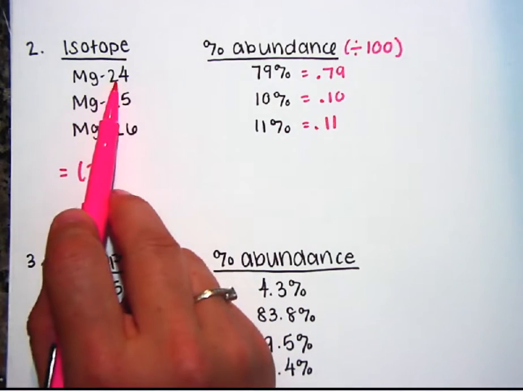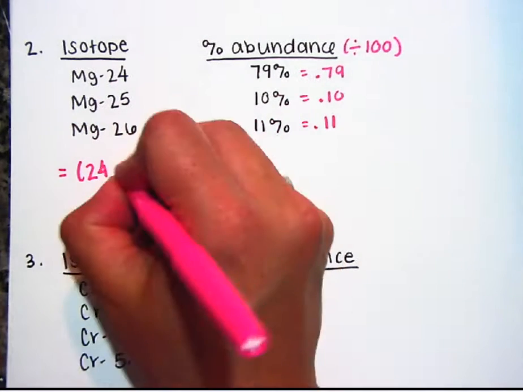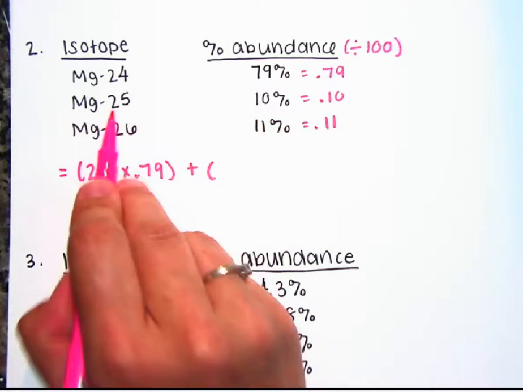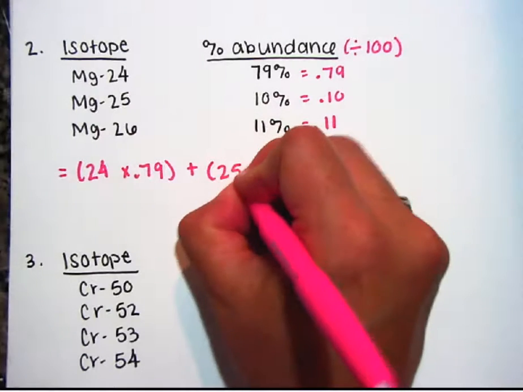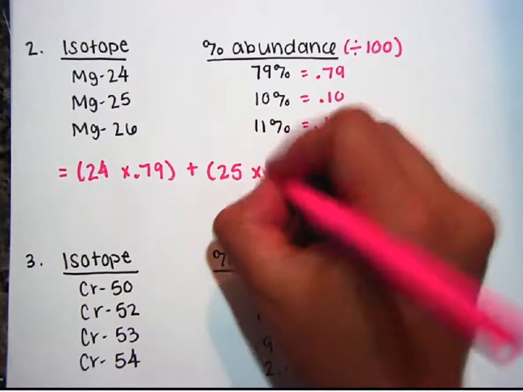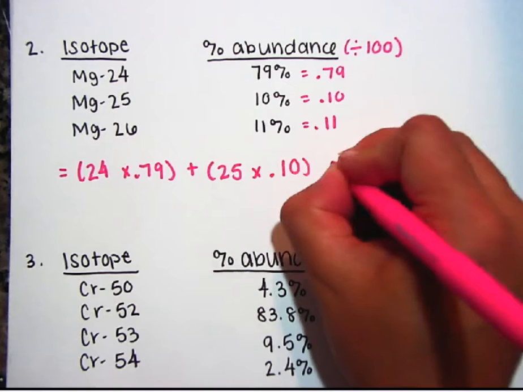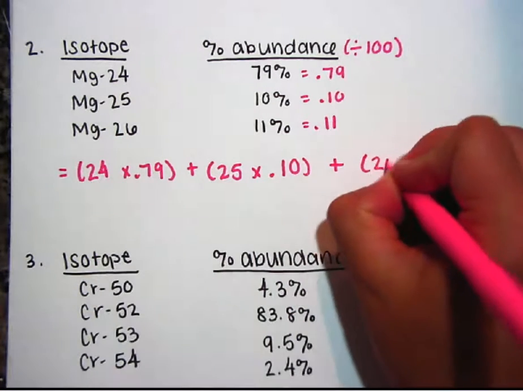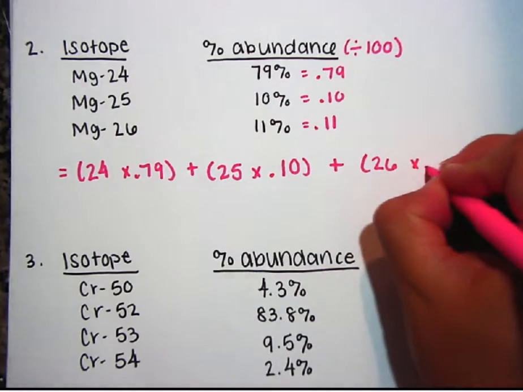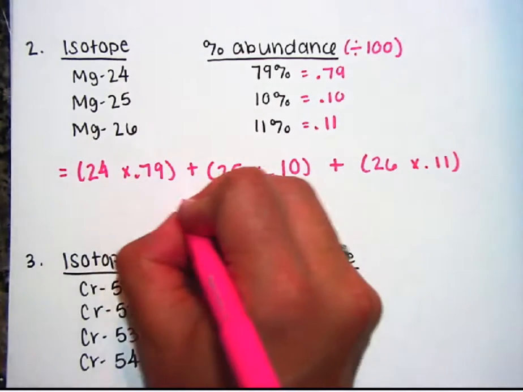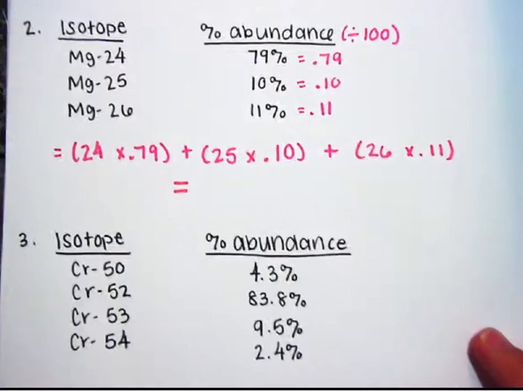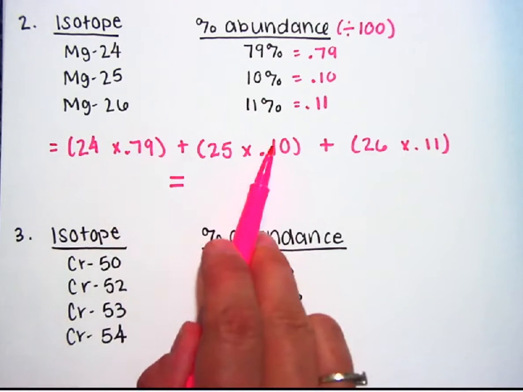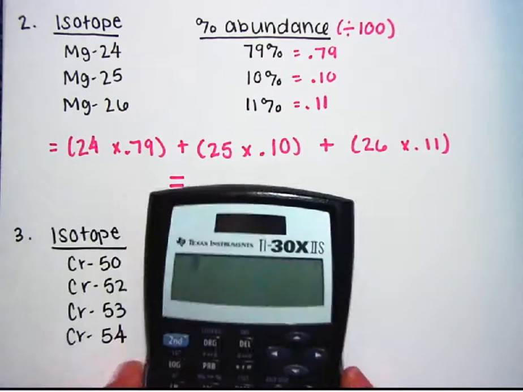Then all I have to do is take the mass of my first isotope and multiply it by its percent abundance, plus mass of the second isotope times its percent abundance. And now we have 3 isotopes, so we don't do anything different. We take the mass of the third isotope and multiply it by its abundance. So we approach the problem the exact same way, but instead of having 2 isotopes that we add together, we have 1, 2, 3 isotopes to add together.